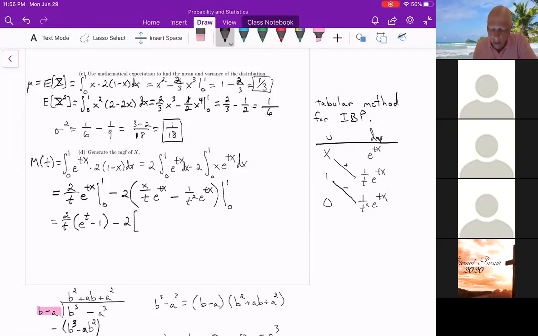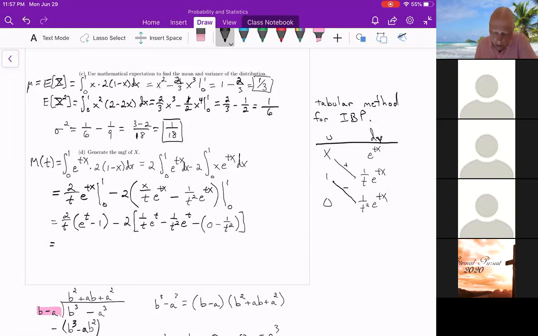And now evaluating the second parentheses at 1 is going to be 1 over t e to the t minus 1 over t squared e to the t, minus, now evaluate the parentheses at 0, and you're going to get 0 minus 1 over t squared e to the 0, which is 1.